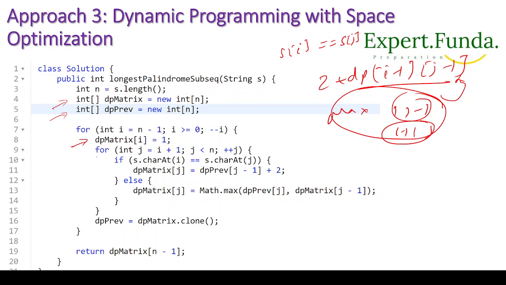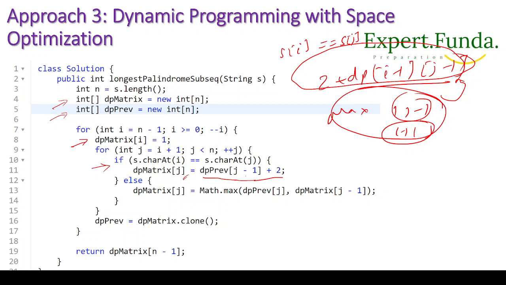Then if the characters are same, we can get the previous dp value from here, and we'll just add 2. So this works as we have done, 2 plus dp i minus 1 and j minus 1. So we take the previous one at j minus 1, and store it there.